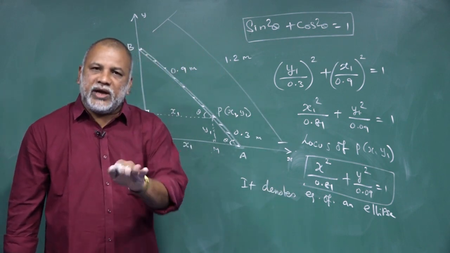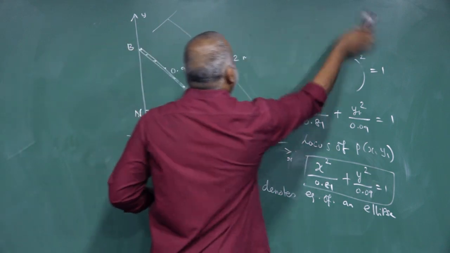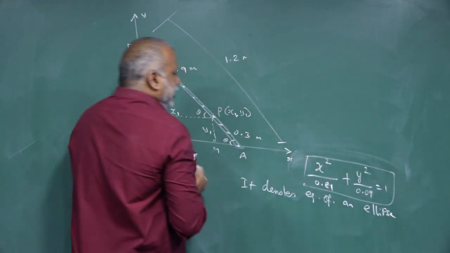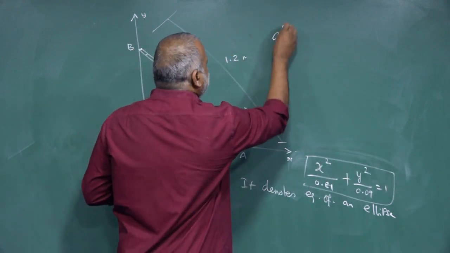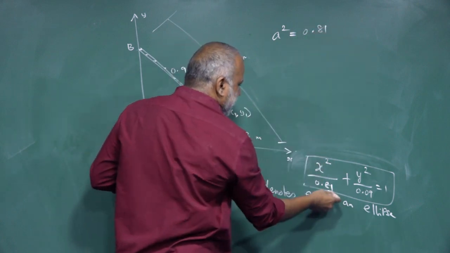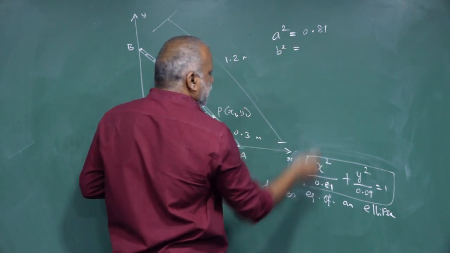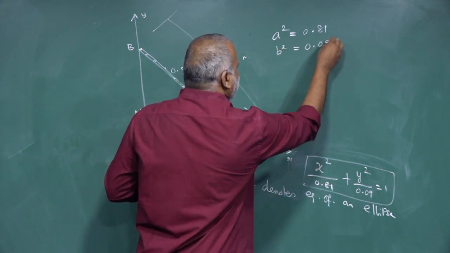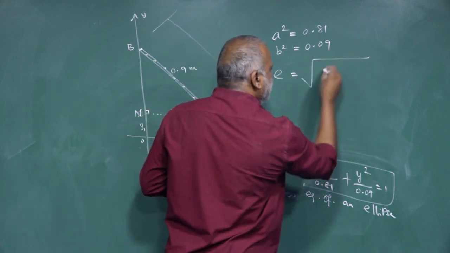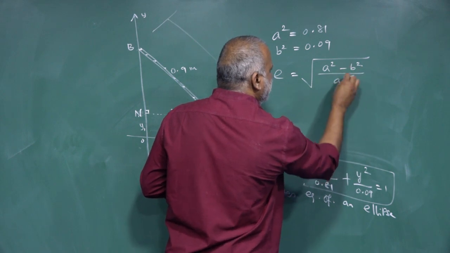But one more question: find also the eccentricity. From this we are able to find the value of e. Here a squared equals 0.81, this must be the greater value. Then b squared equals 0.09. We need the eccentricity e, which is the square root of a squared minus b squared divided by a squared.